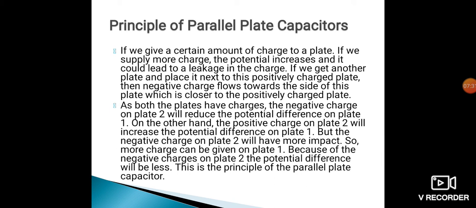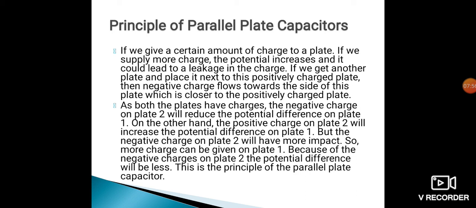As both the plates have charges, the negative charge on plate 2 will reduce the potential difference on plate 1. Now as we do this experiment, the negative charge stored in plate number 2 will start reducing the potential difference on plate number 1.